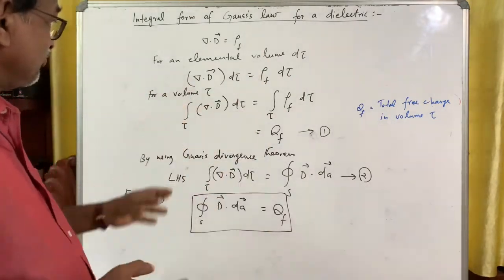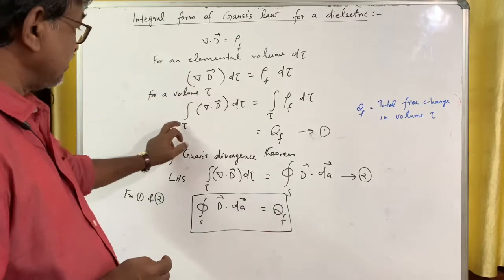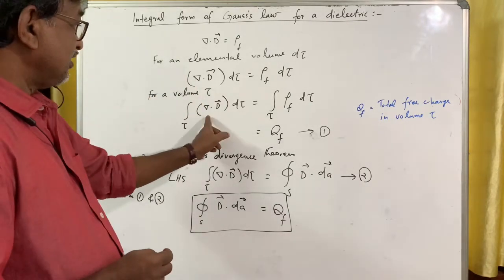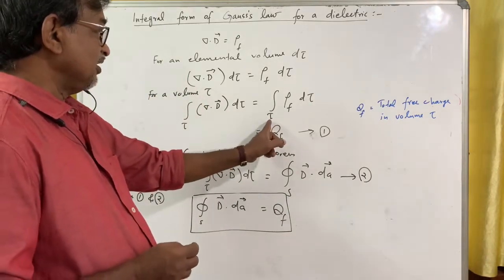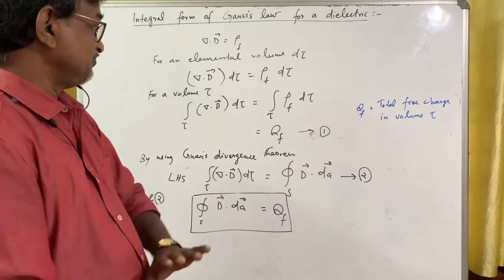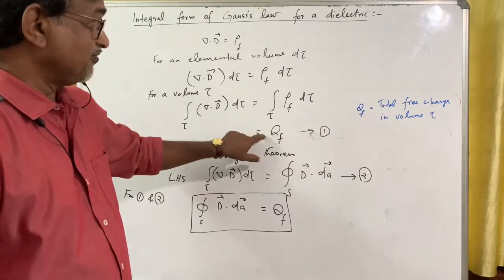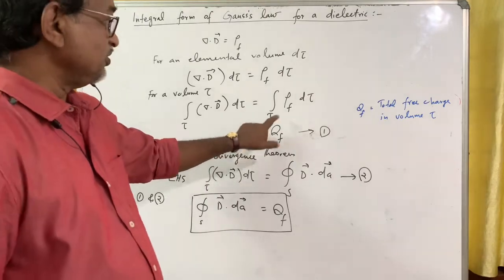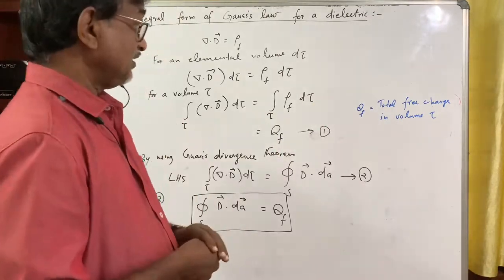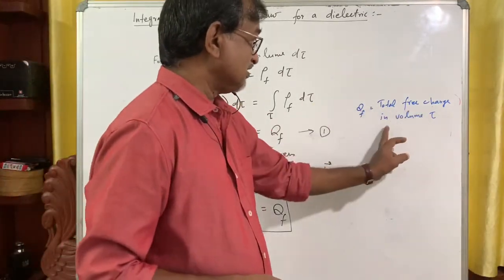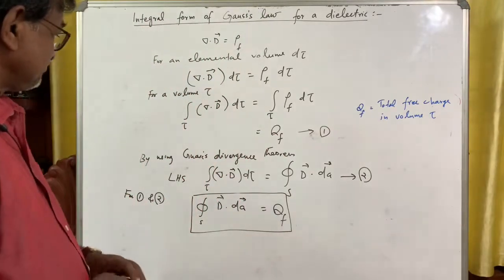And for the complete volume tau, this is integrated. So the volume integral of del dot D d tau is equal to the volume integral of rho f d tau, and this is equal to Q f, because Q is equal to rho into volume. So Q f is the total free charge in volume tau.